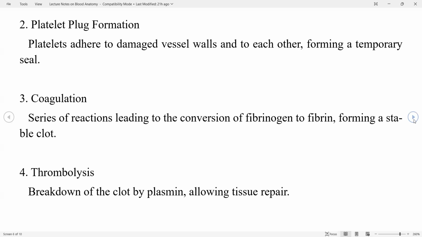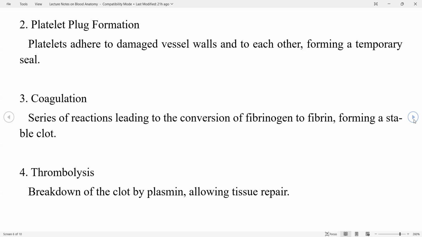And after platelet plug formation, we have coagulation. A series of reactions leads to the conversion of fibrinogen, which is a plasma protein responsible for blood clotting, to fibrin, forming a stable clot.